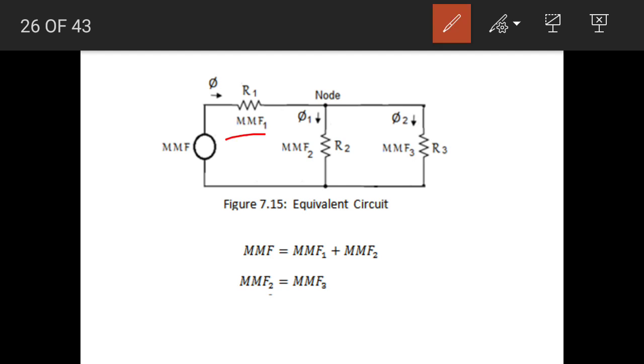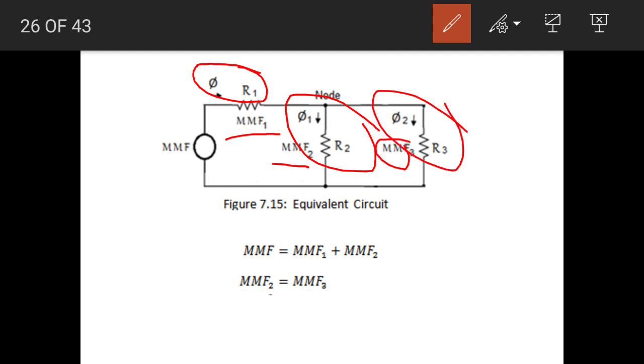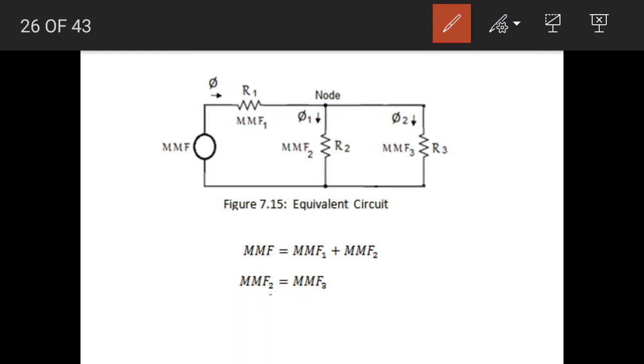You see, MMF1 will be equal to phi R1, MMF2 will be equal to phi 1 R2, and MMF3 will be equal to phi 2 R3, right? So we can calculate MMF1 with the help of phi R1, we can calculate MMF2 with the help of phi 1 R2, and we can calculate MMF3 with the help of phi 2 R3. So this is a parallel magnetic circuit.